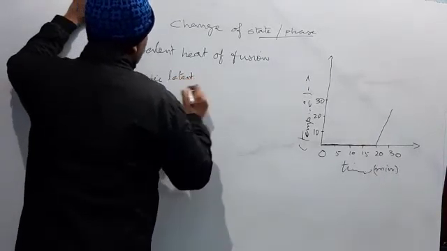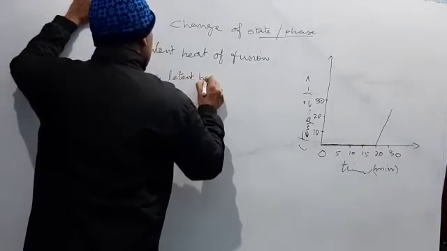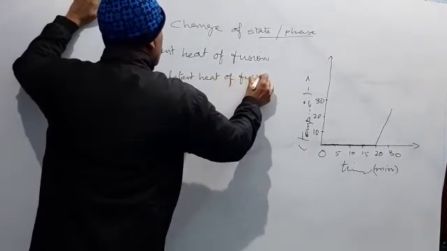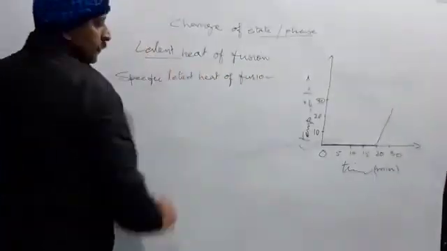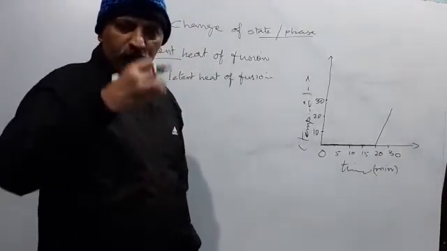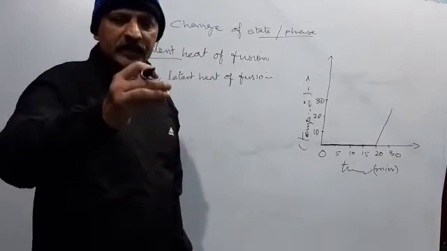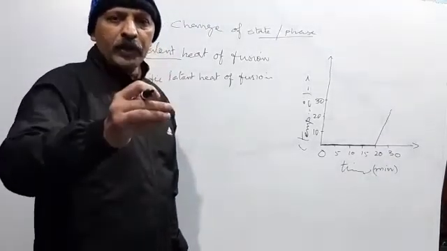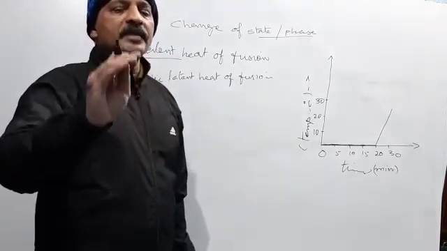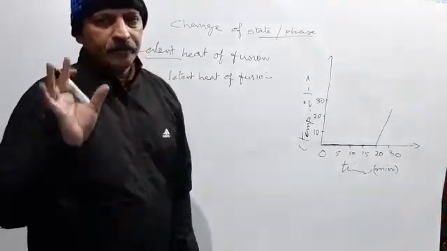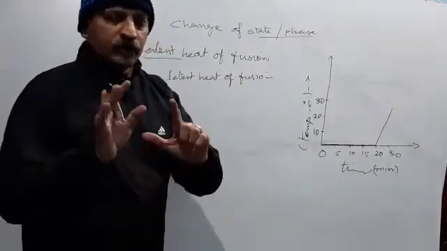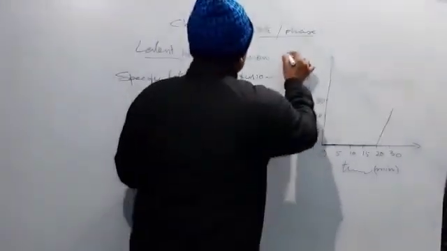Latent heat is the heat required to convert the whole substance at its melting point to liquid without any change in temperature. That one is called latent heat. So naturally its unit is joule.